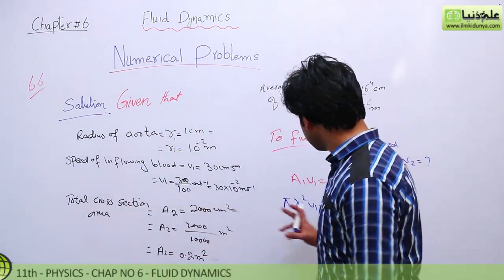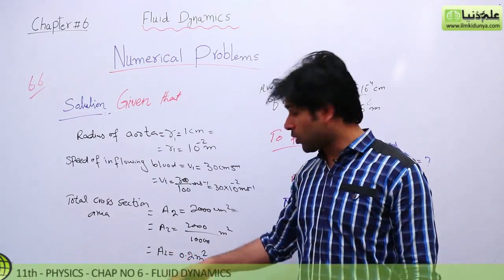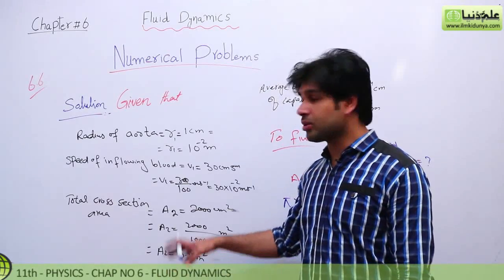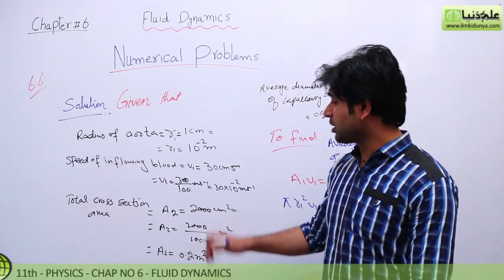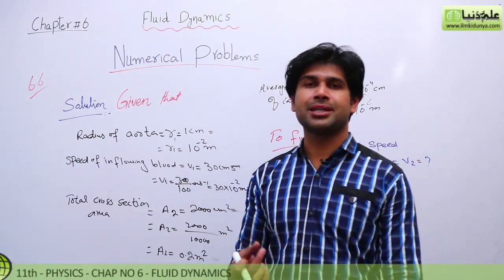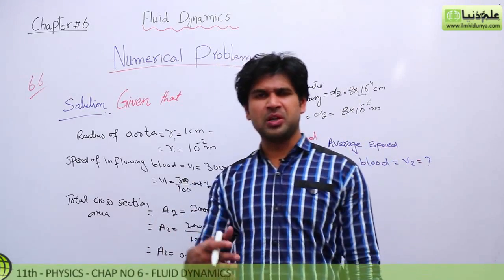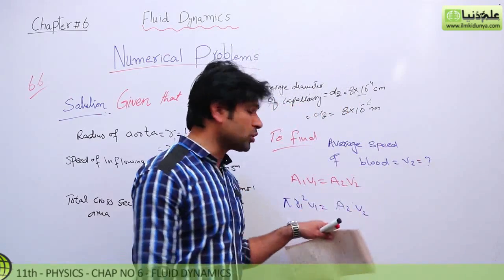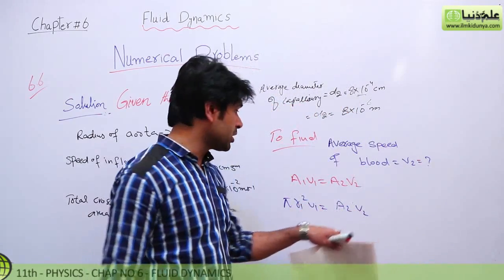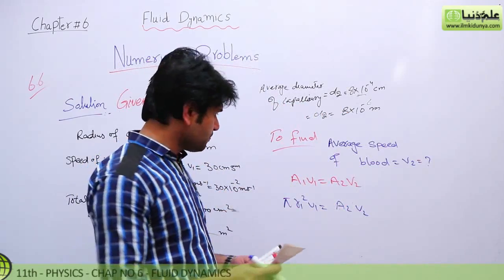For this, we will first find out the radius R2 from this area. Okay, because this is spherical, we consider the radius of aorta or blood flowing through it, consider the blood particles as a sphere, and we will find out the volume with 4/3, and this will be a long calculation, so we will not split this A2 into pi R2 square. You just split A1 into pi into R1 square.